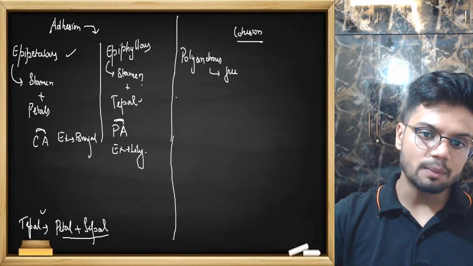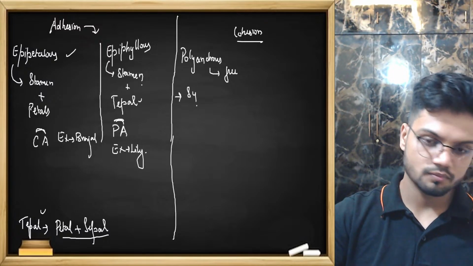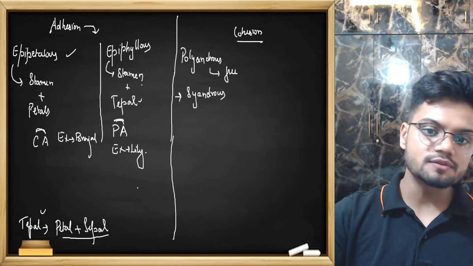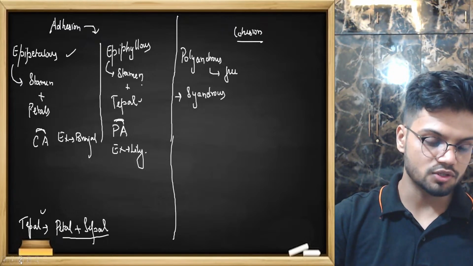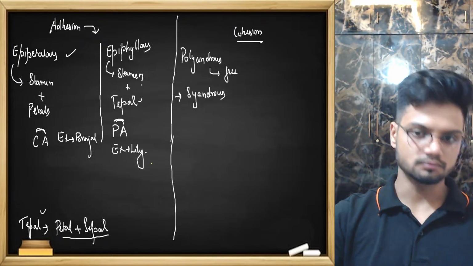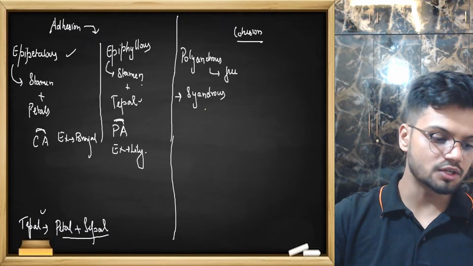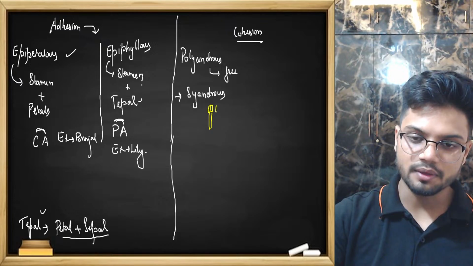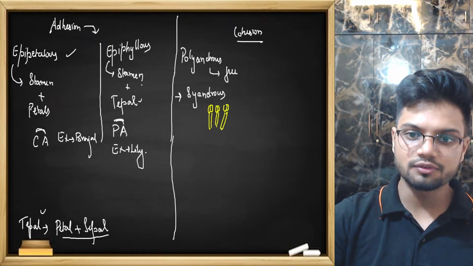Okay. Now, what happens in synandrous condition? Understand the definition, friends. If you understand the diagram, it will be easy to understand later on. In synandrous condition, this is the anther and filament.